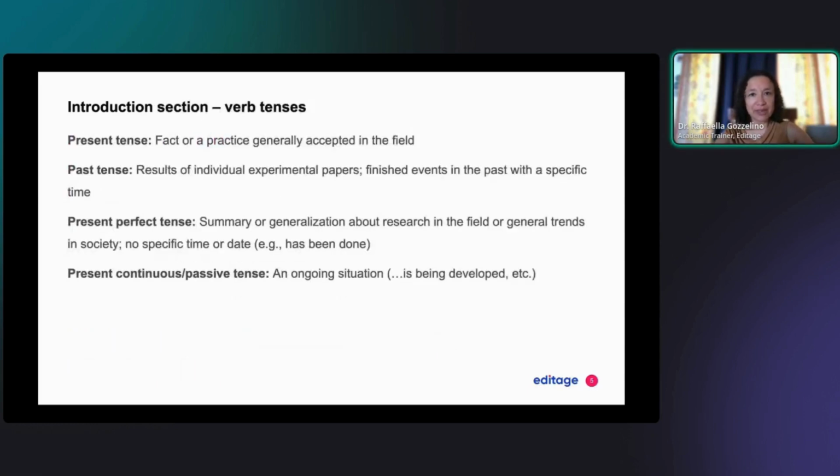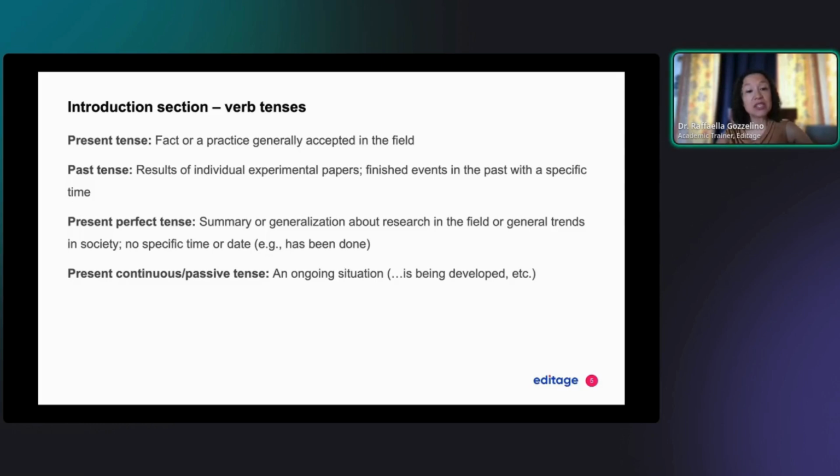So if we amplify a bit more, the present tense is for a fact or a practice that is generally accepted in the field. The past tense is for the result of an individual experimental paper, finished events in the past with a specific time. The present perfect tense is a summary or generalization about the research in the field or a general trend in society, with no specific time or date, like for instance, has been done.